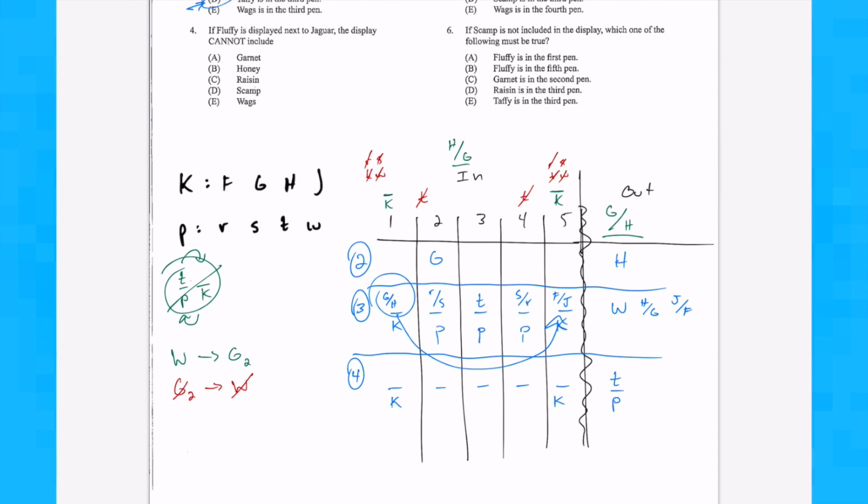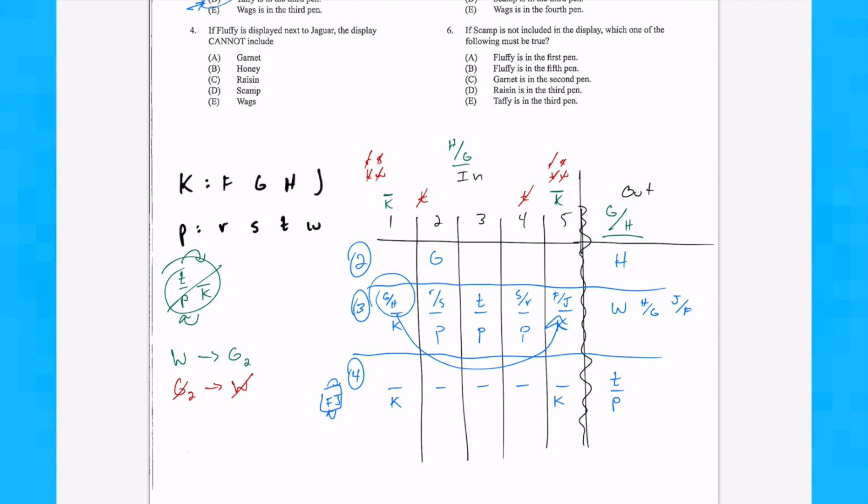My next thing to think of is, well, maybe it's G, right? Maybe it's that G goes second kind of clue. But let's think through this. If we have F next to J, we don't have any clues about F or J, so it's kind of difficult to place them. We know that they're both in some order. Okay, interesting.